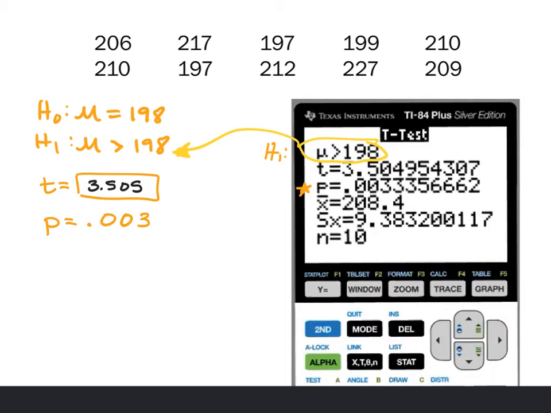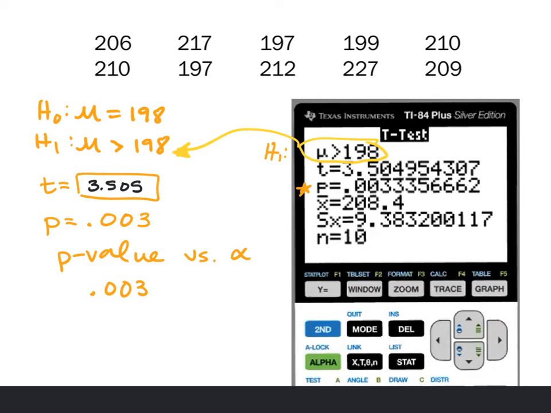So the class did help. Now, if he wants to improve again, maybe there's an advanced reading speed and comprehension class that he can take. But for now, when we look at p-value versus alpha, then 0.003.